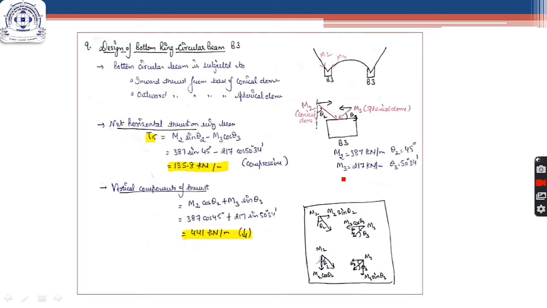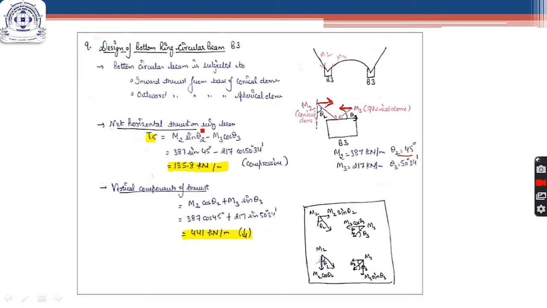So in bottom spherical dome, theta was 50 degree 34 minutes, and the inclination of the conical dome was coming out to be 45 degree. So the beam B3 is subjected to inward thrust from the base of conical dome and outward thrust from that of the spherical dome.